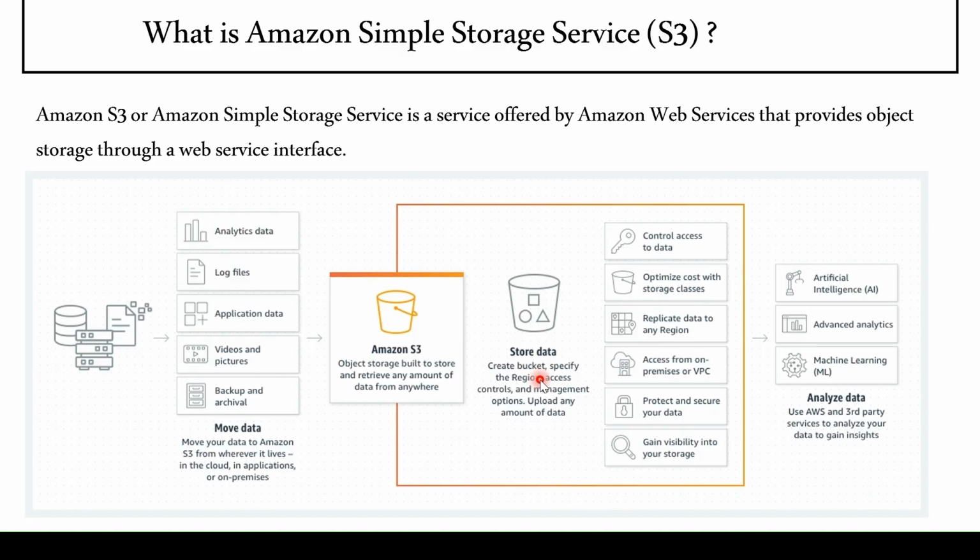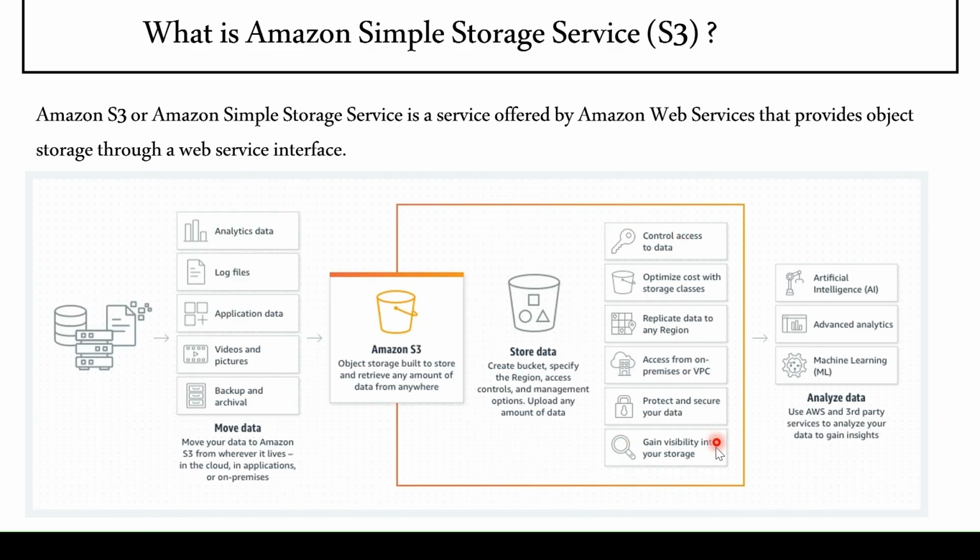These buckets are specific to a region, so while creating the bucket, we have to specify for which region we are creating it. In the bucket, we can also do access control management. We can control who should access the data and who should not.